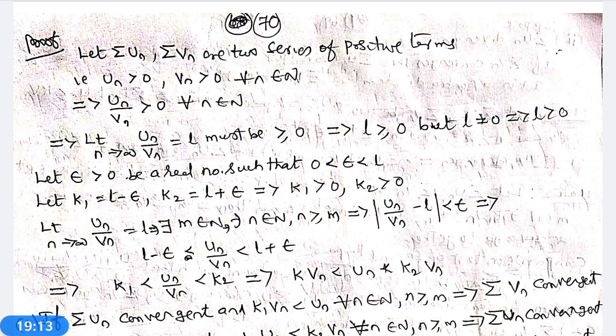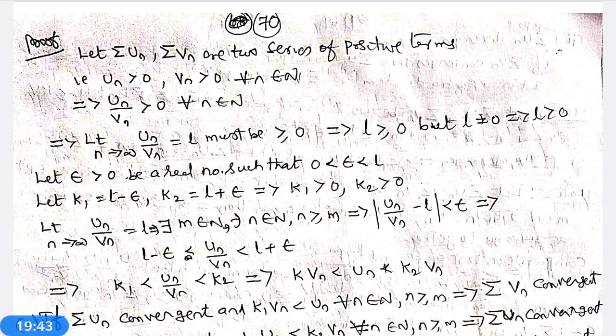Third one, if sigma un divergent and un less than or equal to k2 vn for all n greater than or equal to m implies sigma vn divergent. If sigma vn divergent and k1 vn less than un for all n greater than or equal to m implies sigma un divergent.